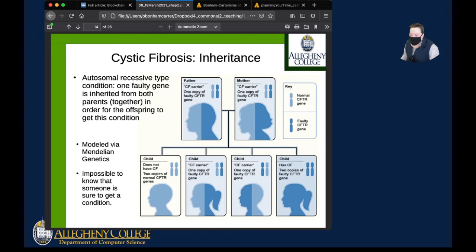One allele is what they call the wild type, and the other allele of the gene that produces this protein miscodes something, or there's an error in there somewhere, which causes the cystic fibrosis.